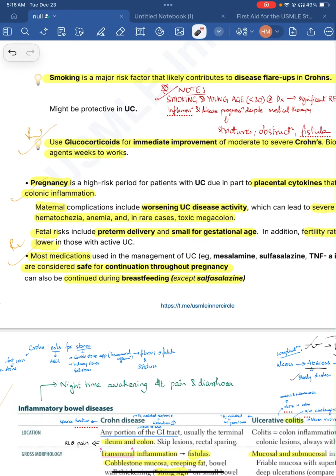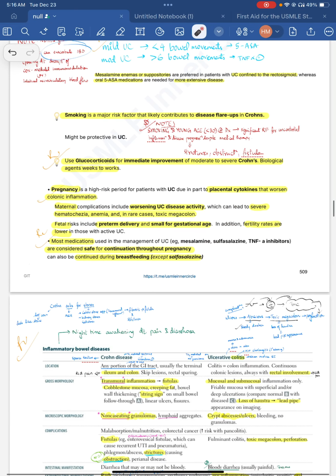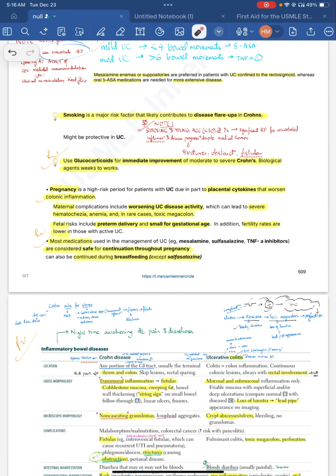Fetal risk includes preterm delivery and small for gestational age baby. In addition to this, fertility rates are also lower in patients with active ulcerative colitis. Most medications that are used in the management of ulcerative colitis are considered safe throughout pregnancy and can also be used during breastfeeding, except sulfasalazine.